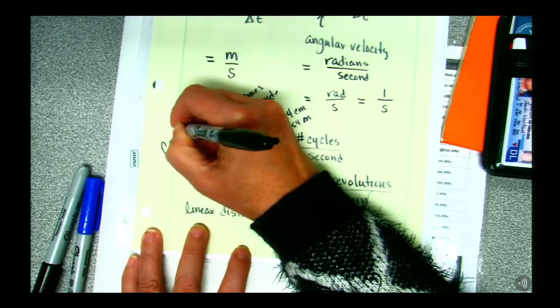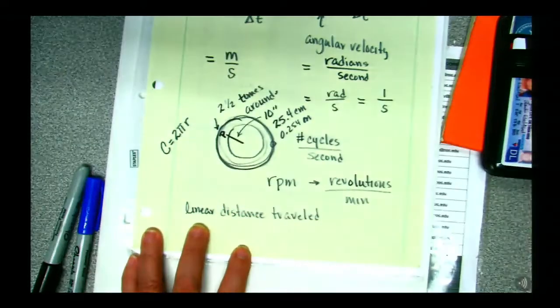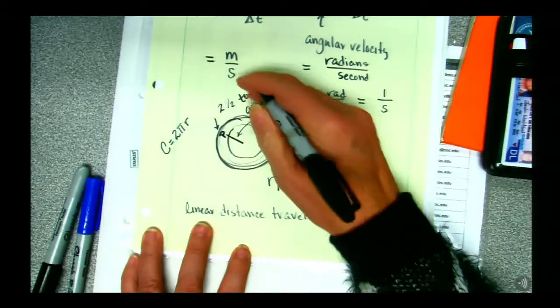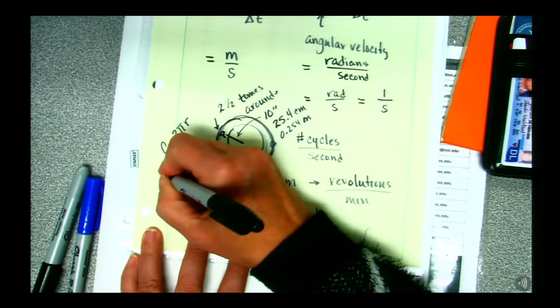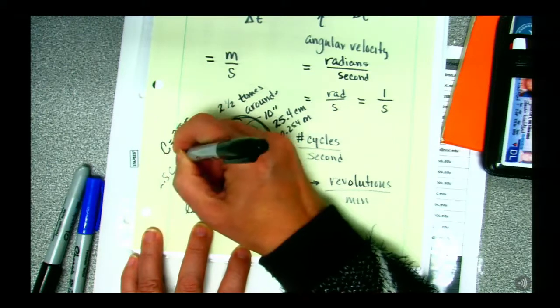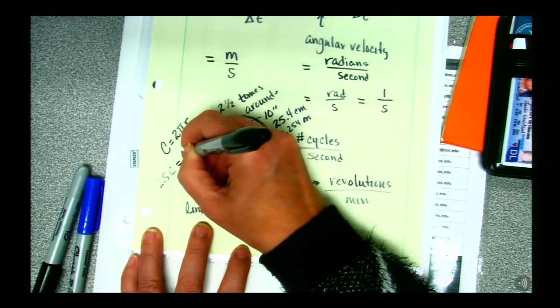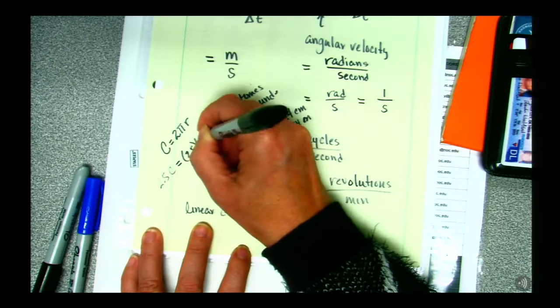So if something travels 2.5 times around, it's going to be 2.5 times the circumference, which is 2.5 times 2 pi r, and that is the linear distance it would travel.